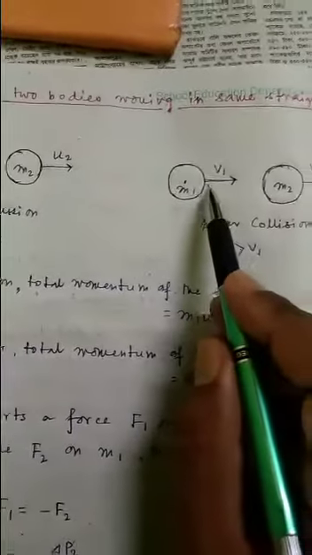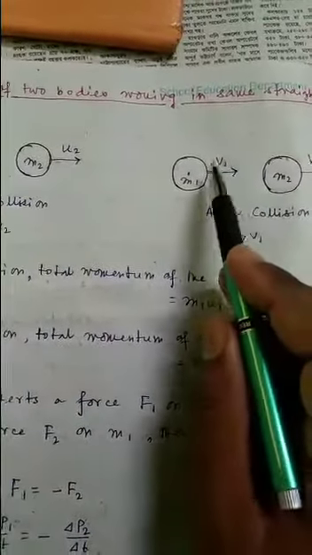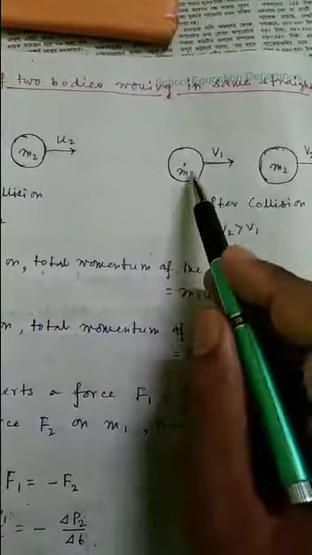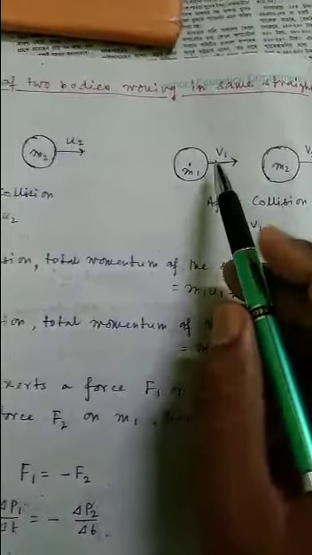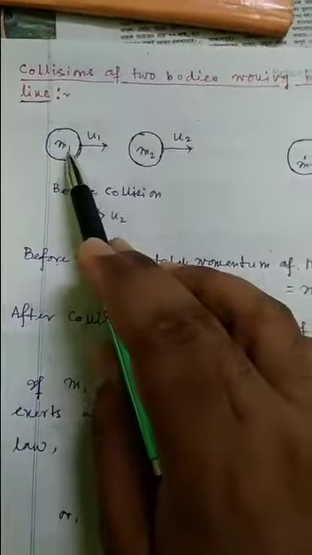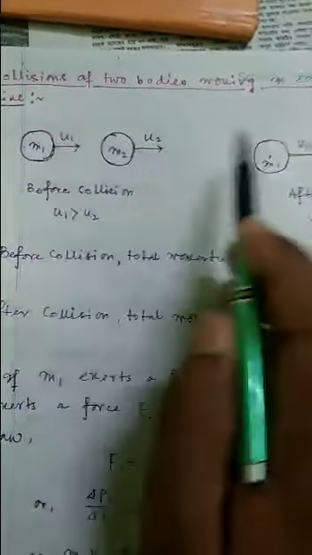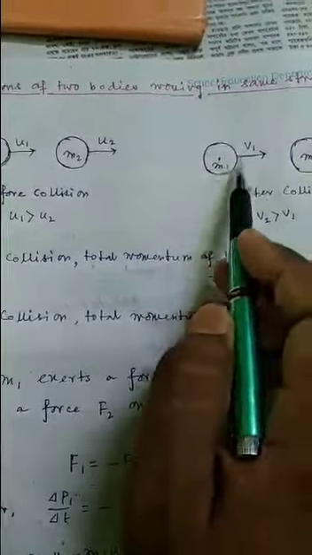Notice the figure. After collision, the momentum of the body m1 is m1 into v1. Before collision, it was m1 into u1. So the change in momentum is definitely the difference of these two.